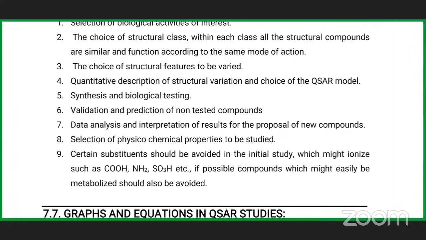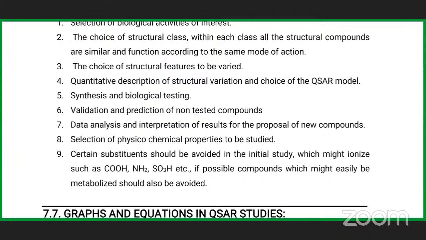So obviously we'll check the physicochemical parameters for each and every analog in the QSAR, right? If you take 20 naphthalene analogs, we will check the variation in the biological activity values for each and every analog.